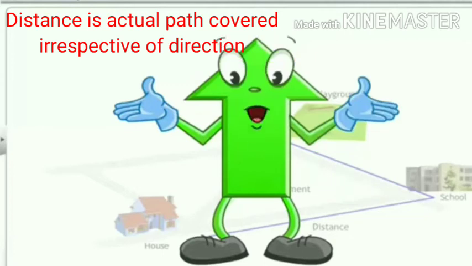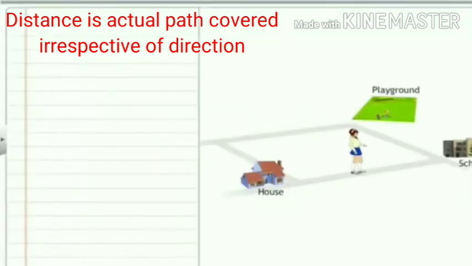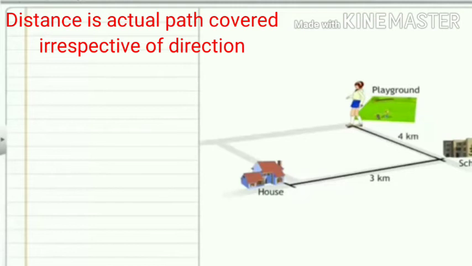Thus, distance is the actual distance covered by an object, and the smallest or shortest distance covered by an object is displacement. So, when a body moves from one point to another, the distance traveled refers to the actual length of the indirect path, whereas displacement refers to the straight line path between the initial and the final position.